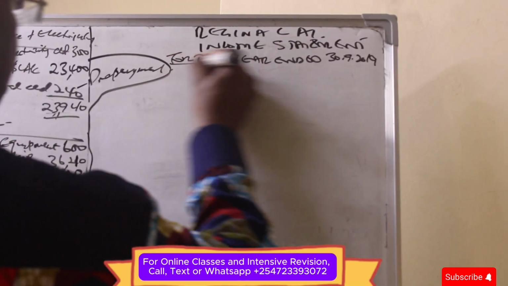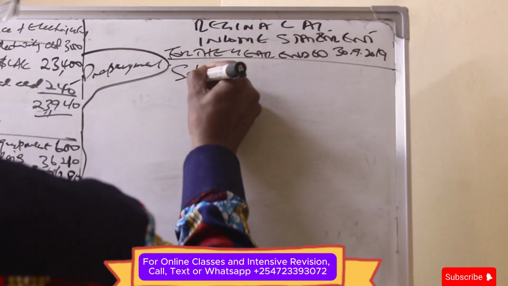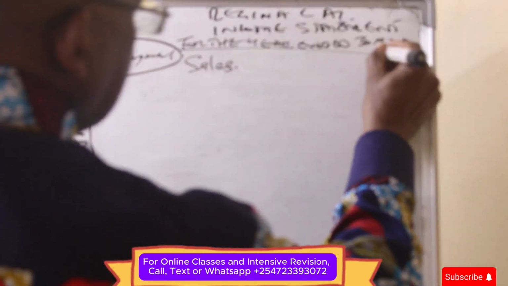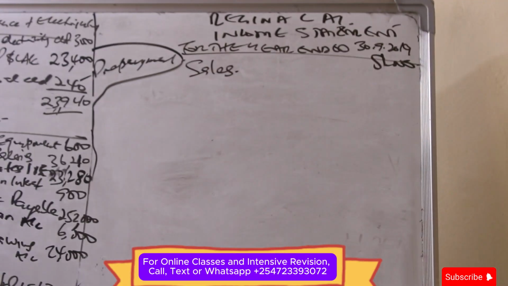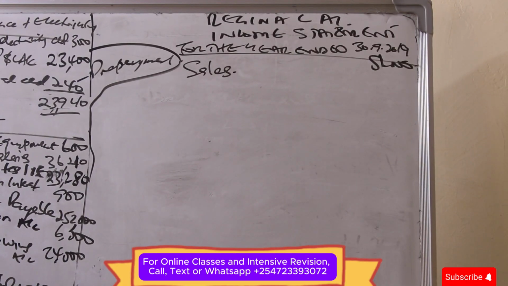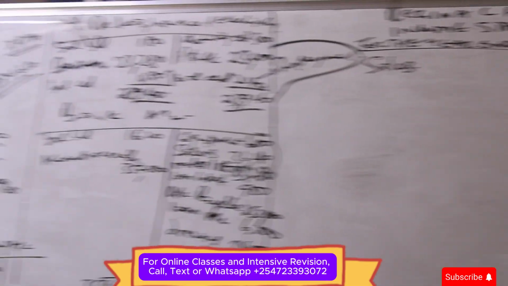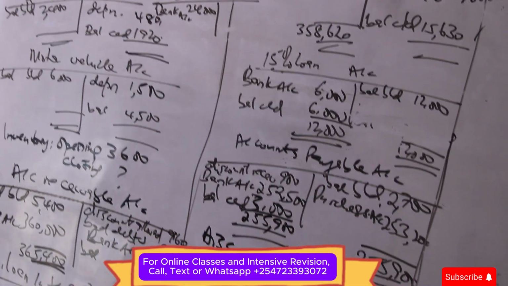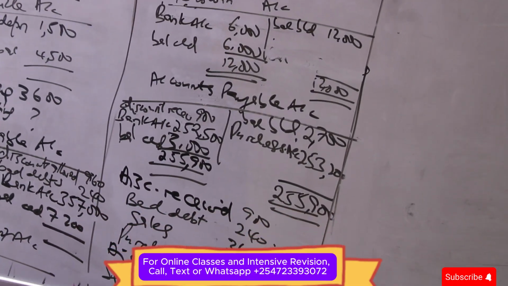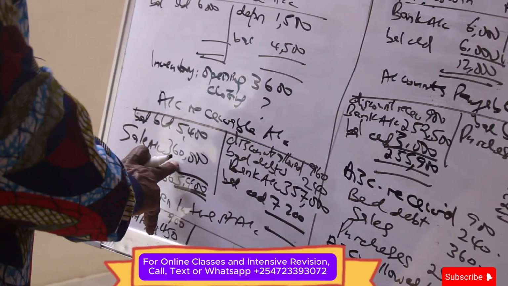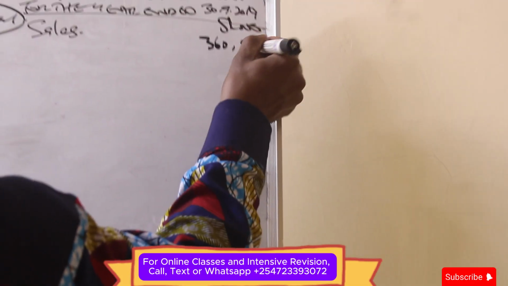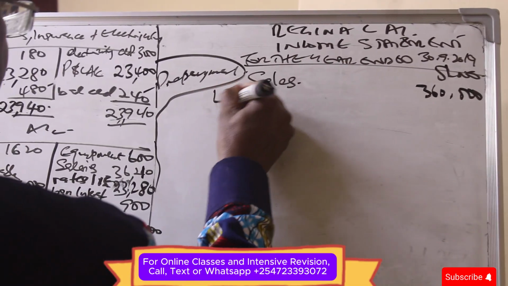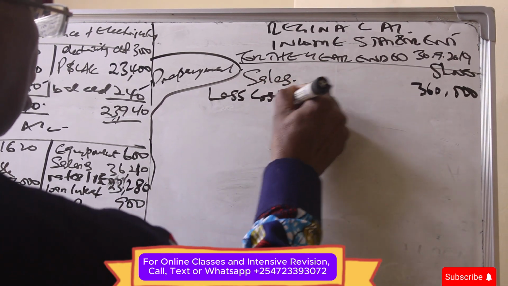We have our sales, and we say everything is in shillings in thousands. Our sales cannot be 360; our sales is 360,000. We say less cost of goods sold.